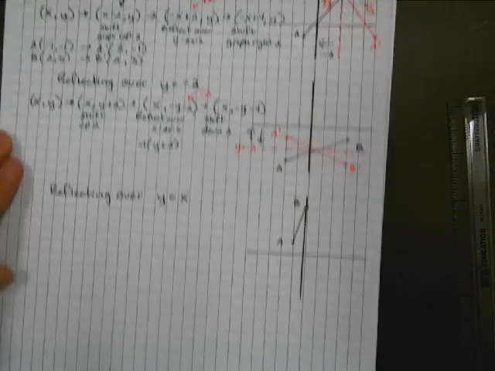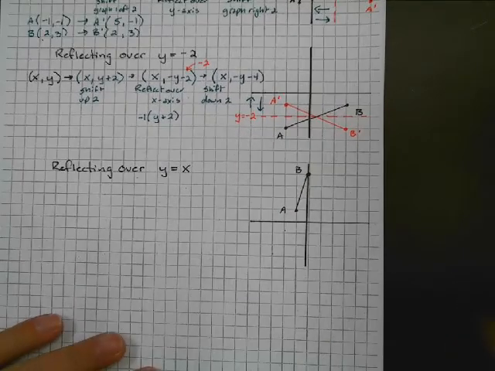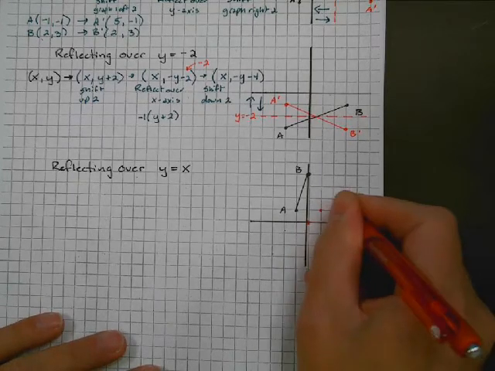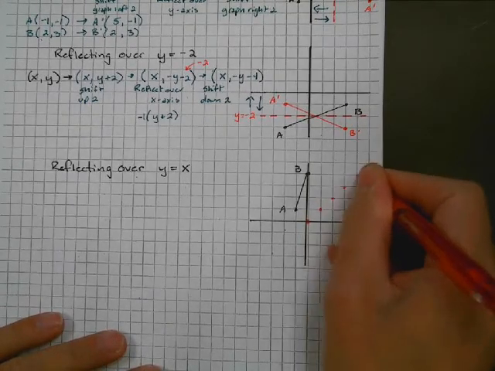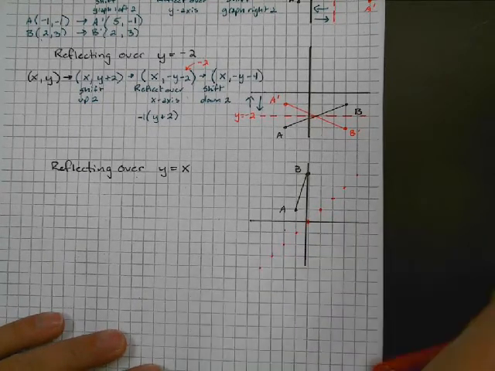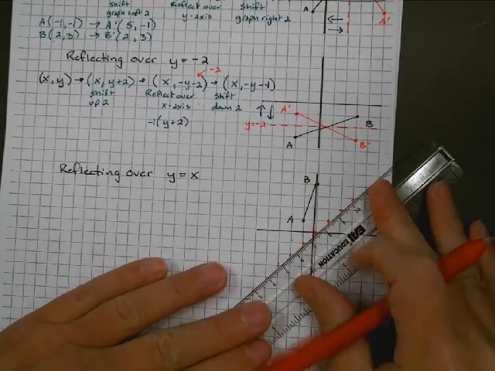All right, last one, reflecting over y equals x. Y equals x is a line that looks like this because the slope is 1. And the y-intercept is 0. So this would be our line of reflection.